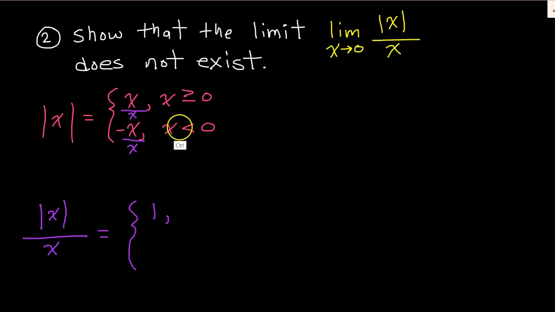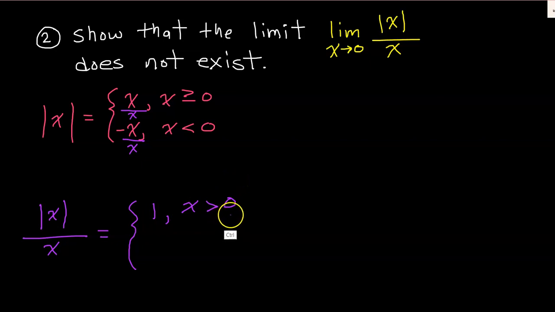So a minute ago when I said it's going to be x whenever x is greater than or equal to 0, well, as soon as that becomes x divided by x, we can no longer say that it's going to be 1 when x is equal to 0, because that's going to be undefined. So I'm just going to take away the little equal to sign and just say when x is greater than 0, the value of the function will be 1.